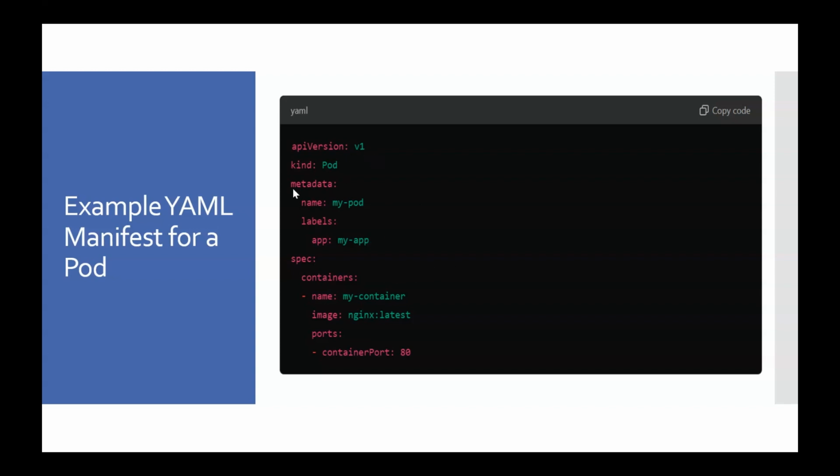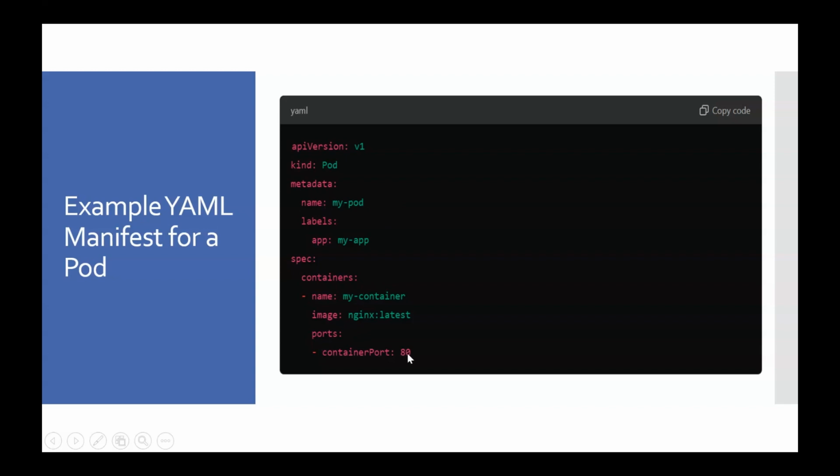If you see in this YAML, I am creating the pod, and in the containers, I am supplying the container name and image as well. Using this image, our container will be created inside this pod that is named my pod. We have supplied the ports as well, like what will be the port of this container.